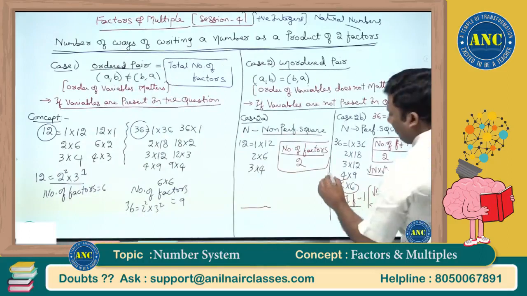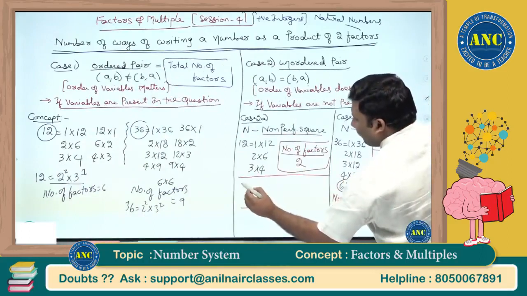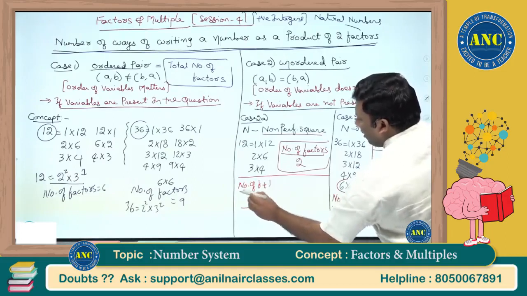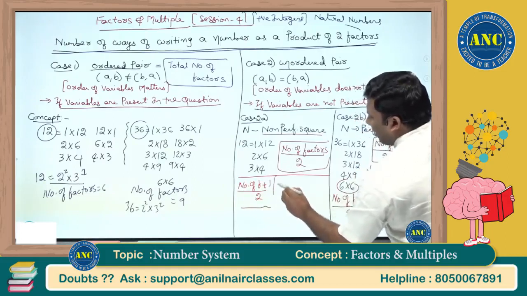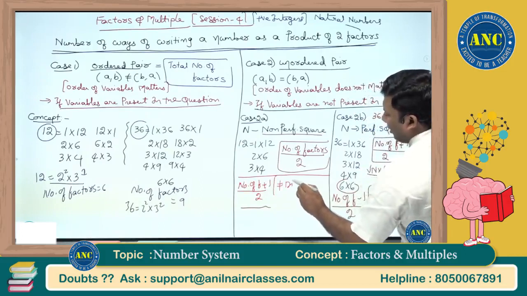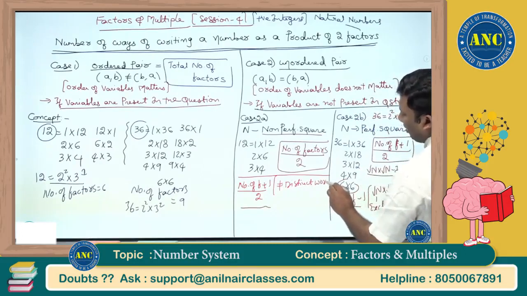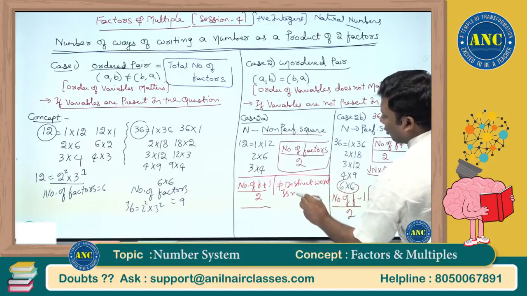Please write down this important key point. Number of factors plus 1 by 2 is used if the word distinct is not present in the question.